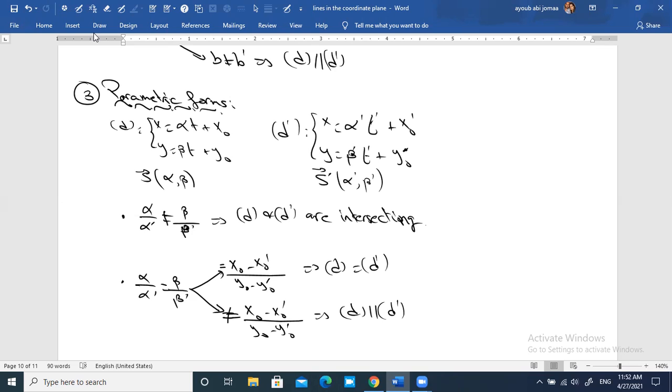Okay, let's take an example on how to find the intersection, let's say they are intersecting.